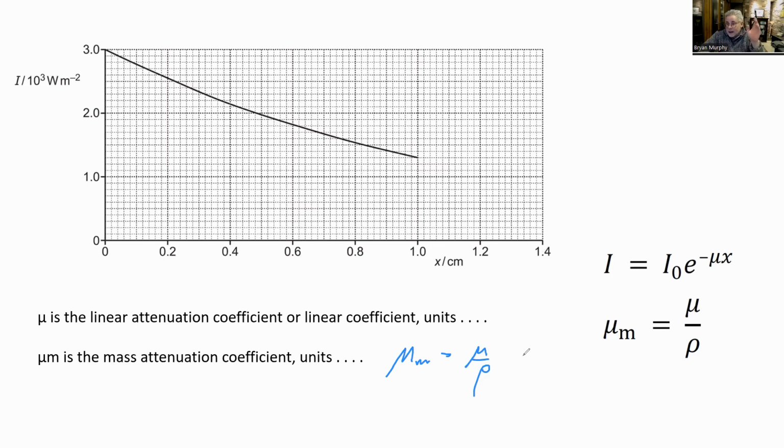Mu is meters to the minus 1, and rho is in kilograms per cubic meter, but rho is on the bottom, so it becomes kilograms on the bottom, per cubic meter on the bottom, I lose my per, and I get that. So that cancels out with one of those, and you get meter squared per kilogram. Okay?